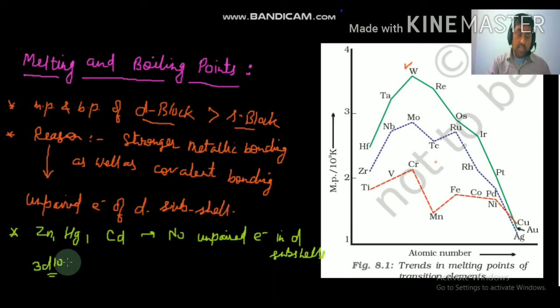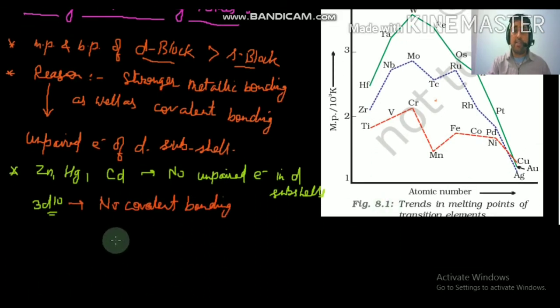It means only the electrons of the s subshell participate in the bonding, and as a result there is no covalent bonding. If bonding becomes weak, then we can say they have a low melting point as well as boiling point.